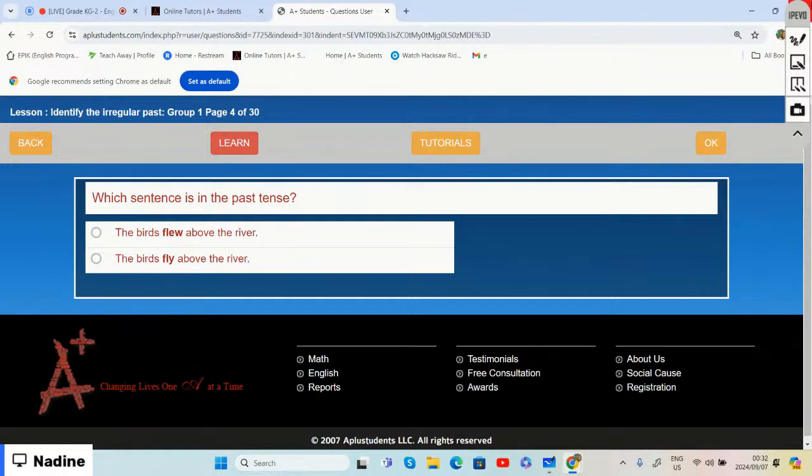All right. We need to say which is in the past tense. The birds flew above the river, or the birds fly above the river. Which one is correct? Flew or fly?